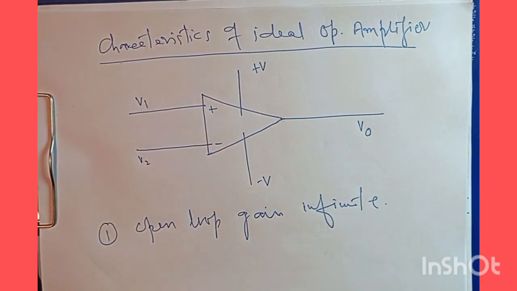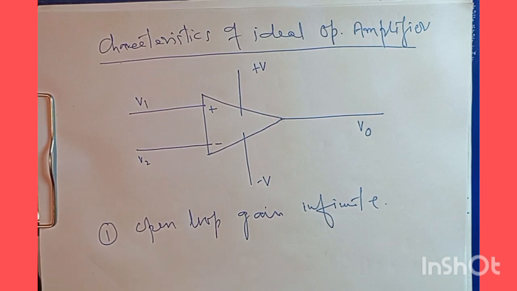So that should be the first important point regarding the characteristics of an ideal operational amplifier. What it means is that if we talk in terms of voltage gain, it must have infinite voltage gain with respect to the inputs as an ideal operational amplifier.